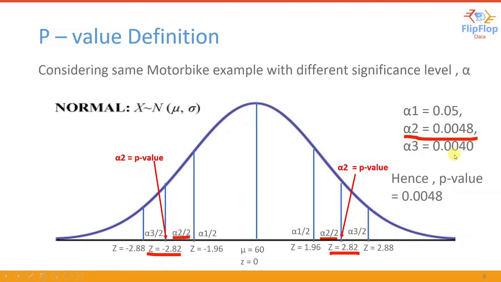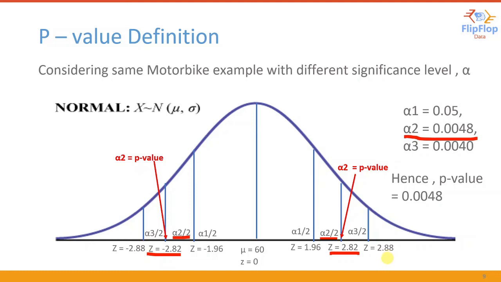And the computed Z scores corresponding to the alpha values are plus minus 1.96, plus minus 2.82 and plus minus 2.88 respectively. We had computed our test statistic in our motorbike example earlier as 2.83.